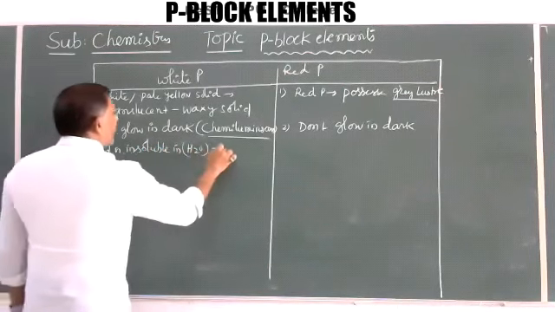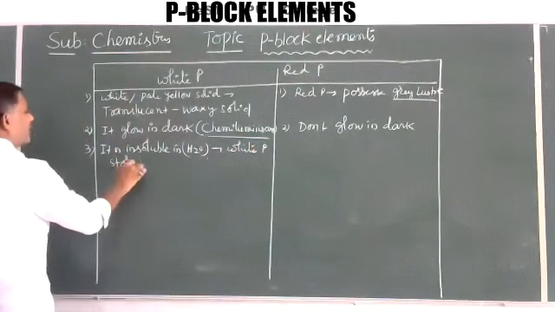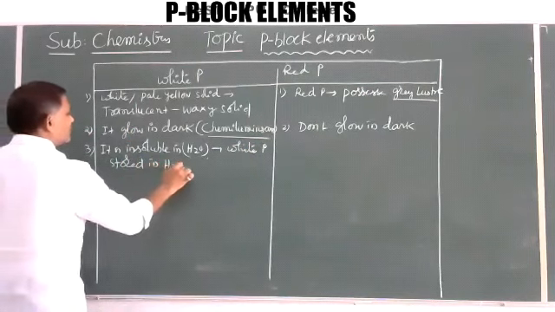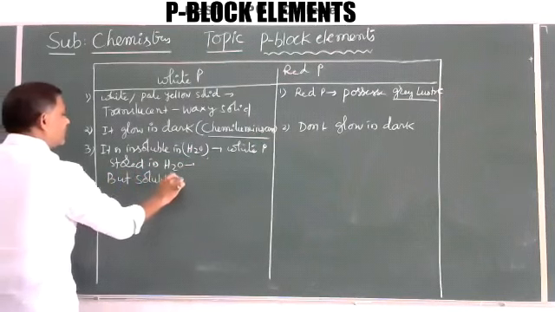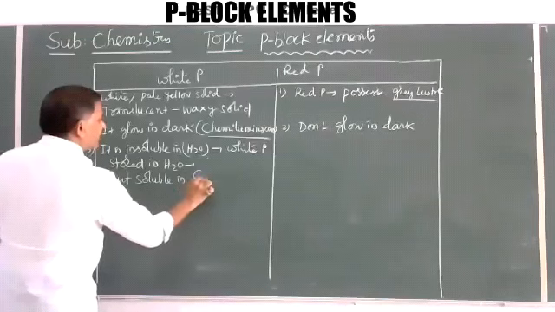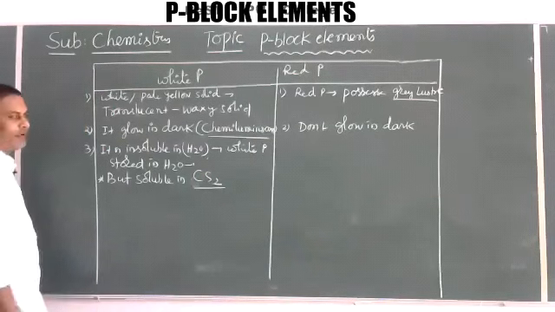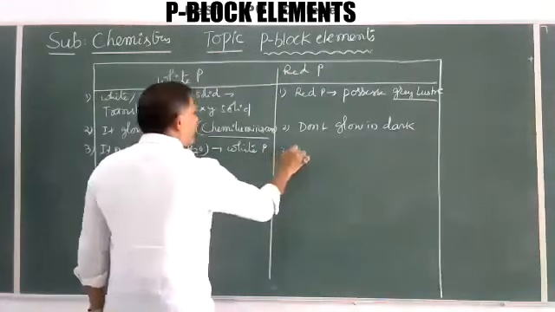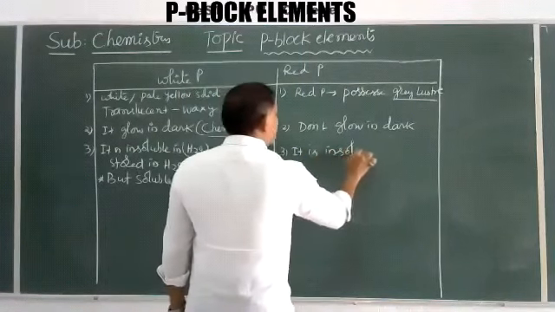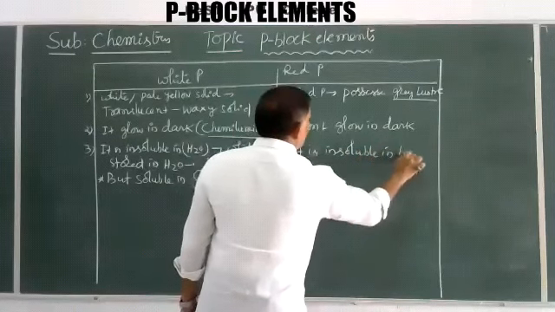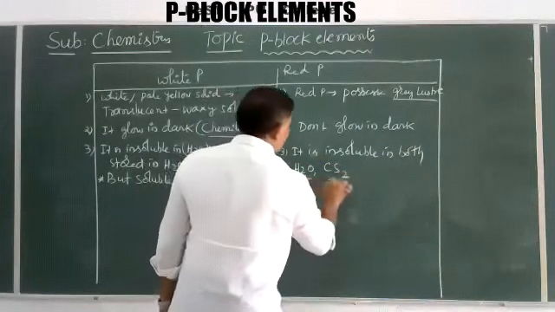That's why white P is stored in water, H2O, but it is soluble in carbon disulfide, CS2, very important. Red phosphorus is insoluble in both water and CS2, carbon disulfide.